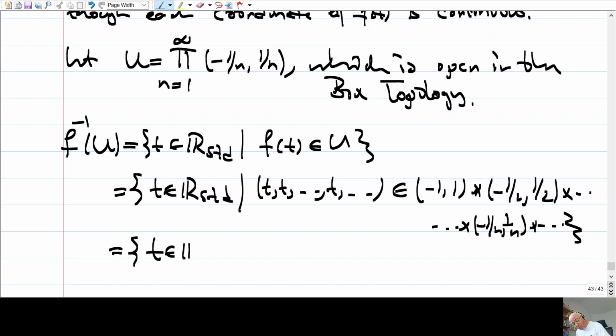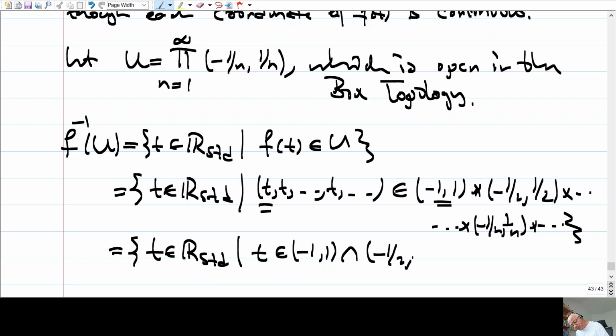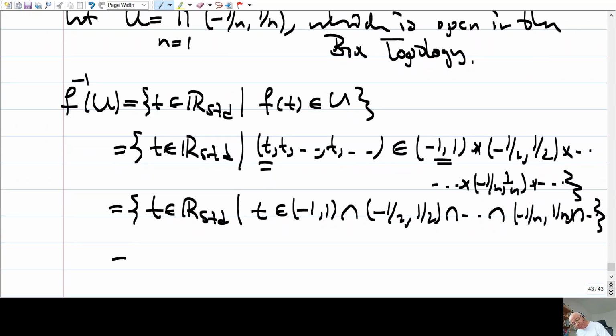Well, this is the set of all real numbers t so that the first coordinate is here, the second coordinate is here, the third coordinate is in minus 1 over 3, 1 over 3, and so on. And this goes till infinity.